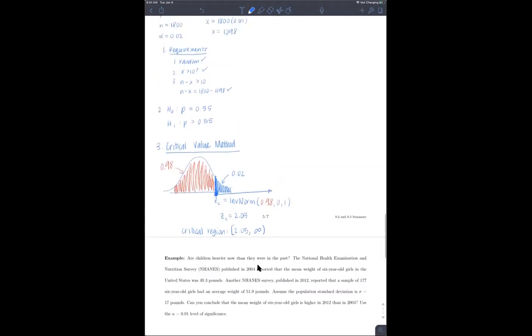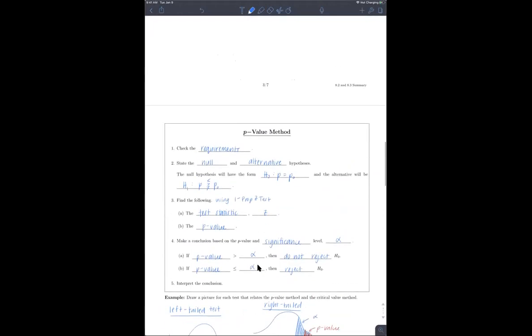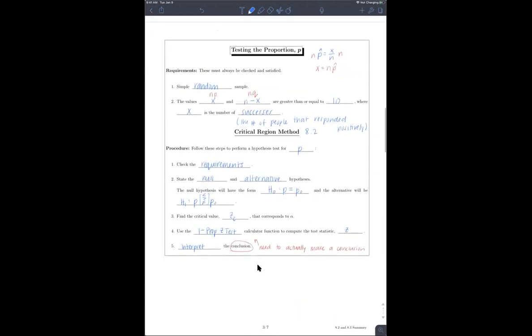What do I do after I find my critical region? So I'll kind of draw an arrow. So if you scroll back up to these first few pages, we're doing the critical region method. So I'm going to follow these steps, right? So I found the critical value.